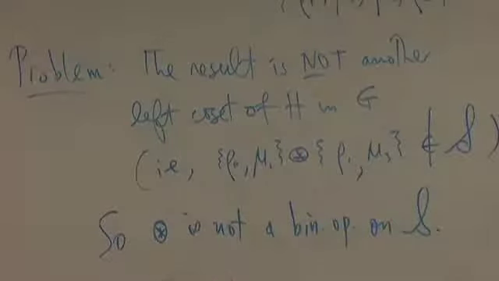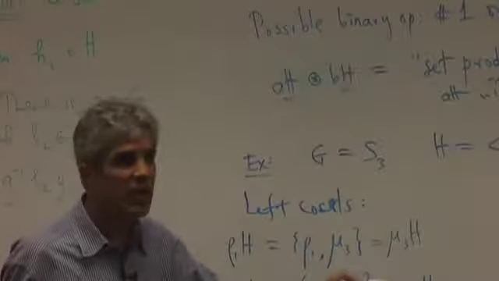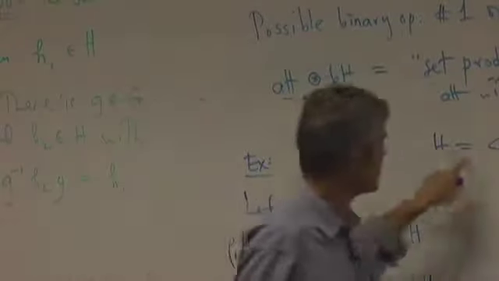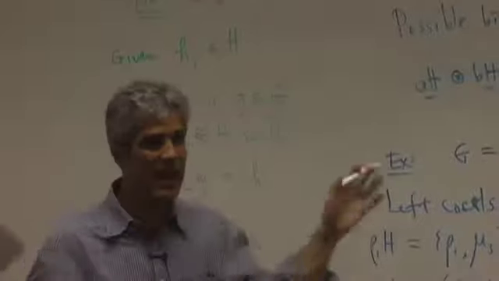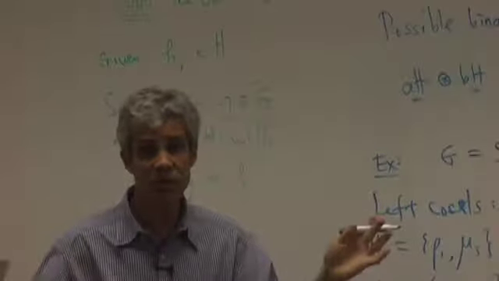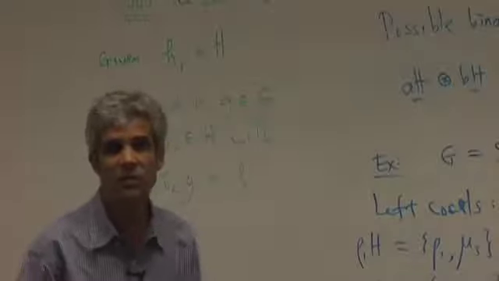Now, I'm not claiming that if you started with a different group and a different subgroup and you started pounding these products out, you might not get another left coset of the subgroup. Maybe you will. But in this particular example, if we try to define a binary operation on the collection of left cosets simply by hammering them together, which is not an unreasonable thing to do, what gets kicked out is perhaps not another left coset.